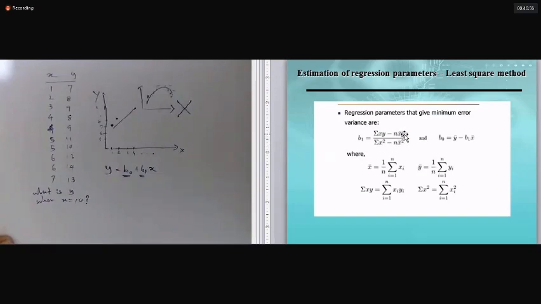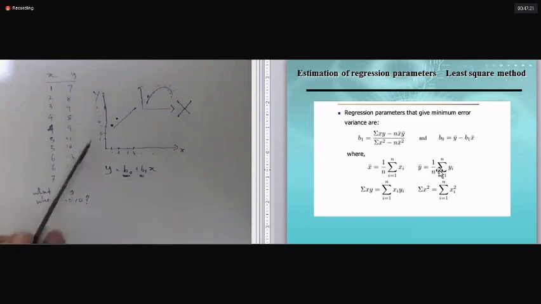So x bar and y bar, I think you know that x bar means the mean or average. So average of x you can find. There are 10 data. So you can take the sum of these values and divide it by 10. You will get x bar.